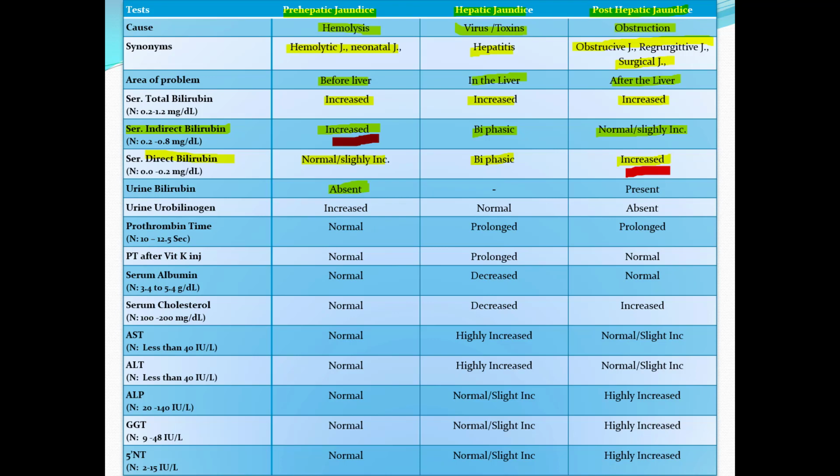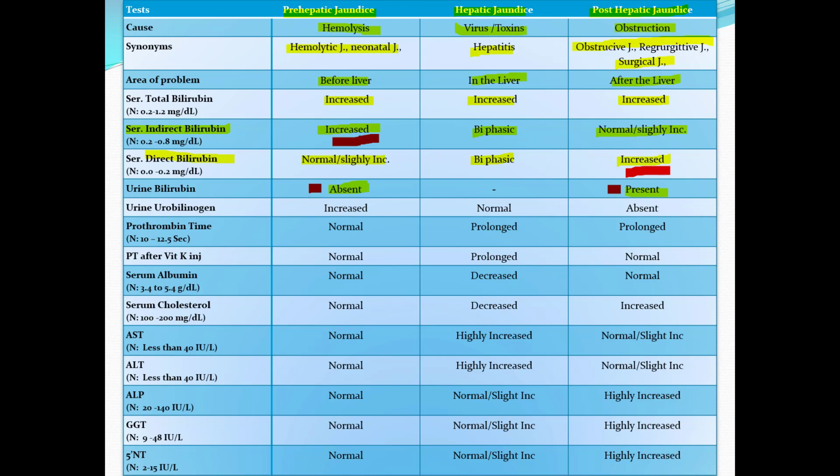The bilirubin in the post-hepatic jaundice is a conjugated bilirubin that can regurgitate and get into the blood and be excreted into the urine. So in post-hepatic jaundice, the bilirubin will be present in urine. So that's a typical positive. So this is another differential diagnostic tool: urine bilirubin that is absent shows pre-hepatic, present shows post-hepatic jaundice.